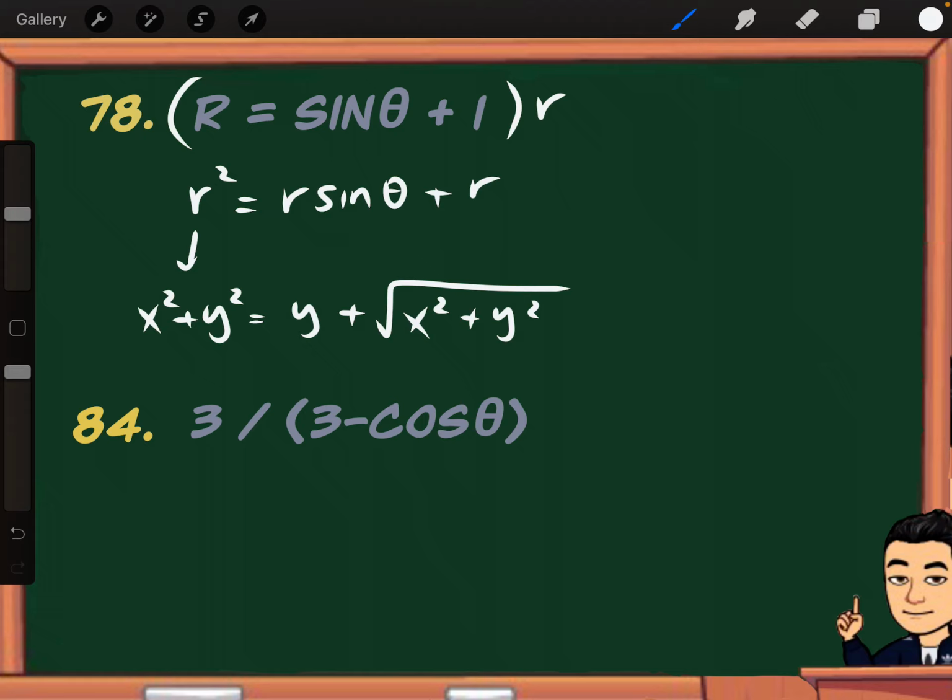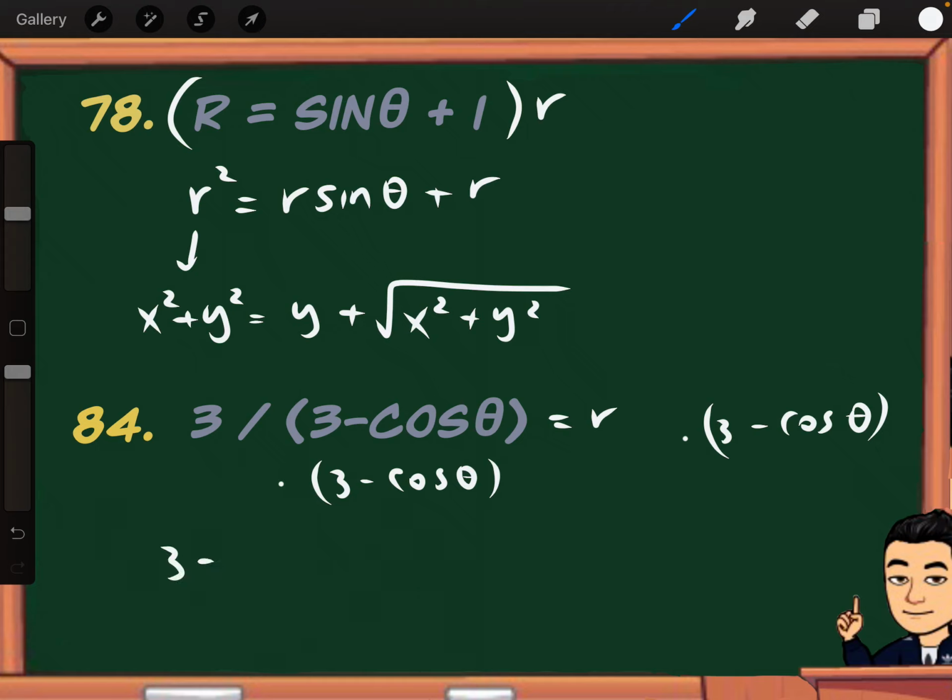Okay, that's it. And then 84. Oh yeah, I forgot to put equals r. So what I'm going to do here is multiply the 3 minus cosine theta on both sides.